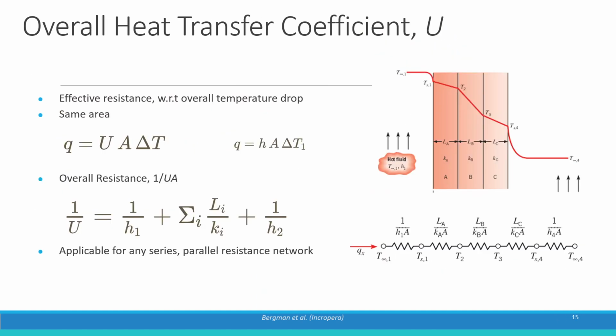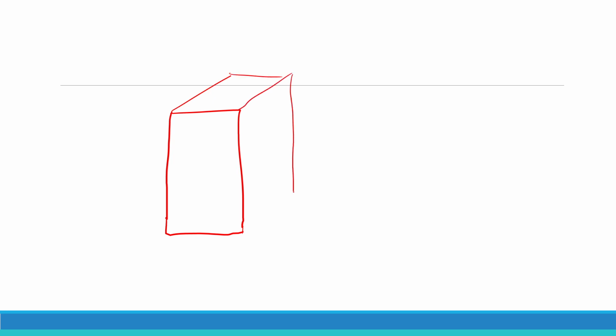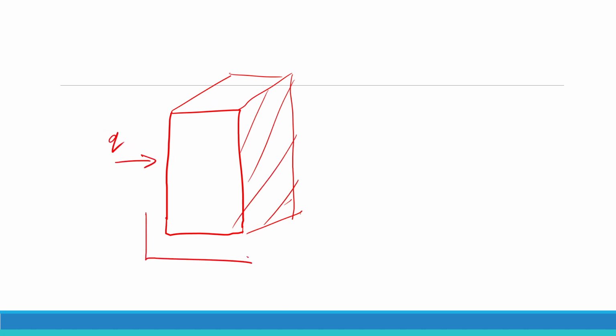So in case of this rectangular block, if I had to just show conduction over here, so this is the cross-section. So if my heat transfer is occurring through this direction, so this is my x.